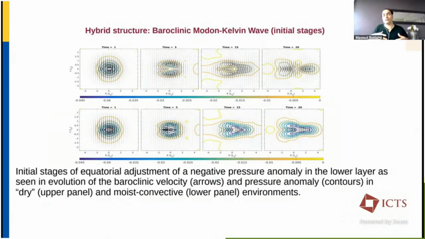But once the detachment occurs, because the essence of the baroclinic structure is not 5 meters per second, and the essence of the barotropic equatorial modon is very, very slow. So once they detach, this detachment explains why the MJO-like structure will die out over the Pacific Ocean.